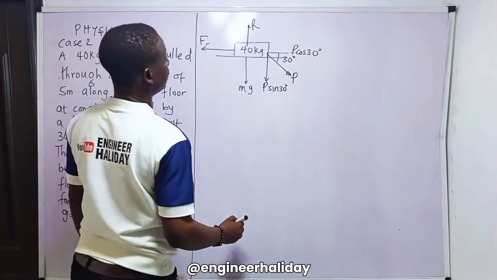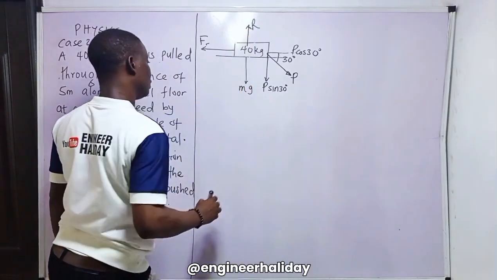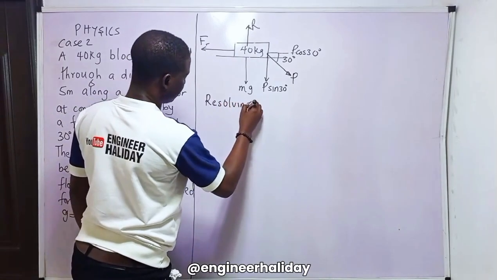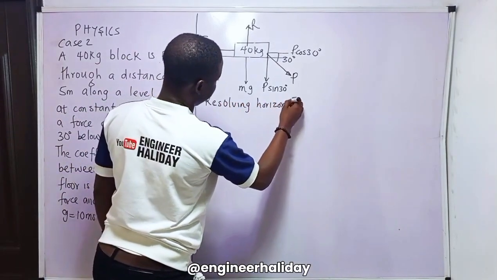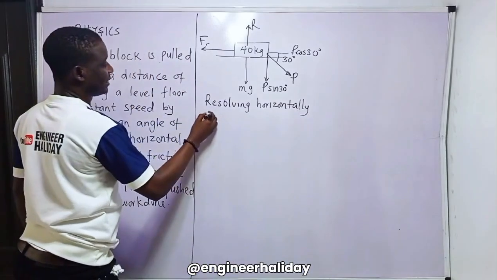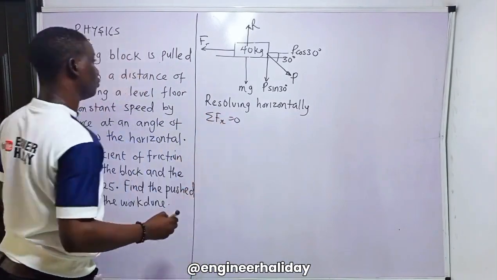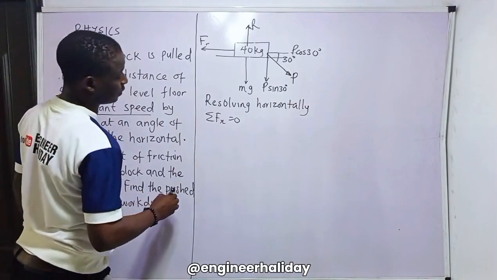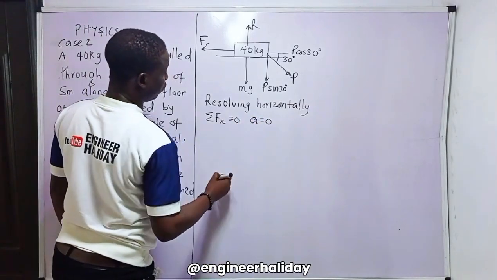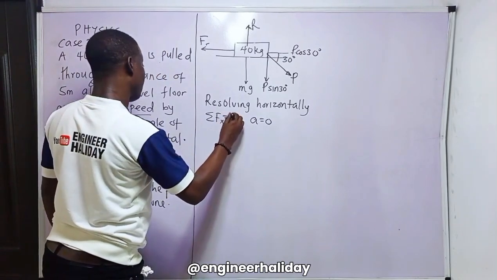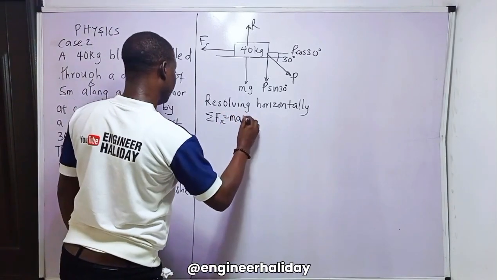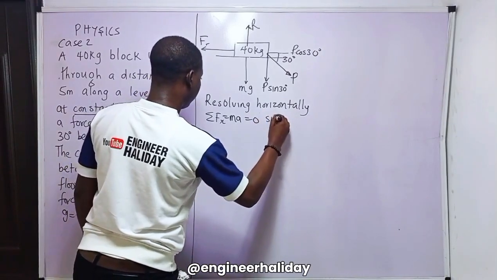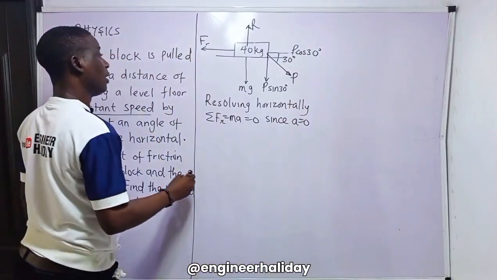We have the reaction R up. Resolving horizontally, knowing fully well that sigma Fx is equal to 0, because it is moving with a constant speed, so acceleration is 0, and sigma Fx equals ma is equal to 0.